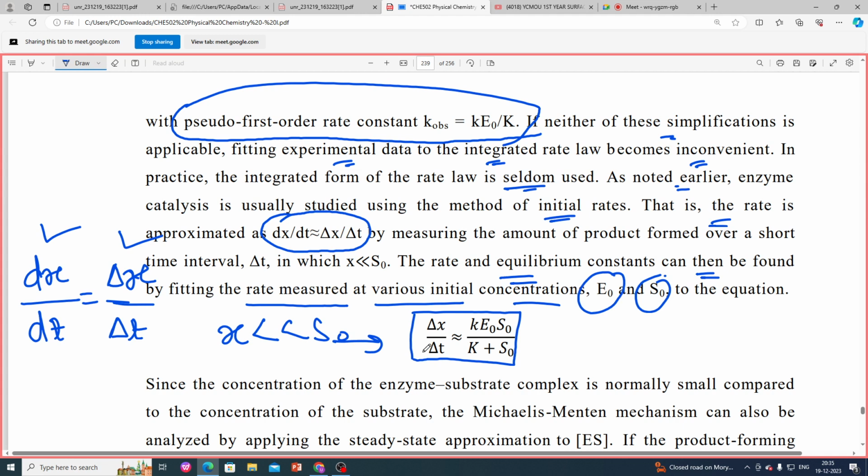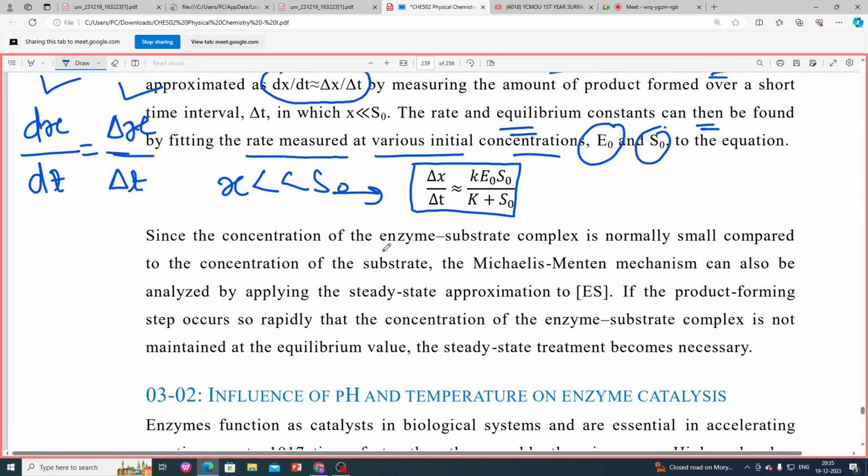We get this equation. Since the concentration of enzyme substrate complex, what is the enzyme substrate complex? This is named as the enzyme substrate complex. क्या कहेंगे इसे हम, enzyme substrate complex.